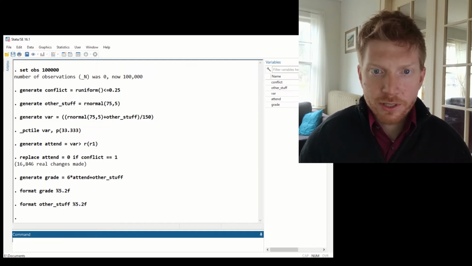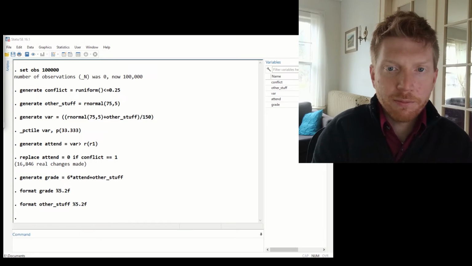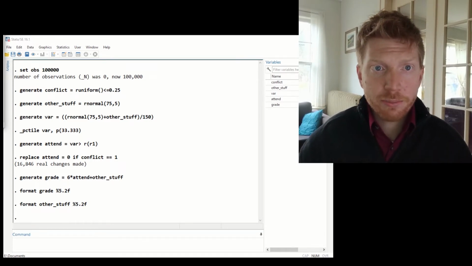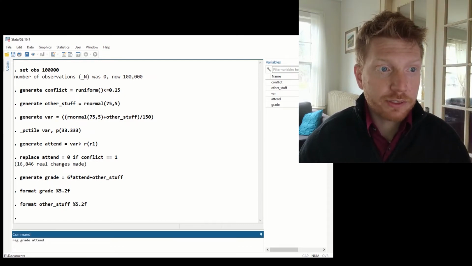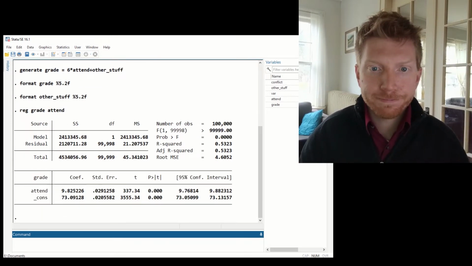That's what the 6 is. And I'm just going to put some formatting for those two variables, so things look a little prettier. Now let's just do our simple ordinary least squares regression and see what that would give us for the impact of attendance on grade.